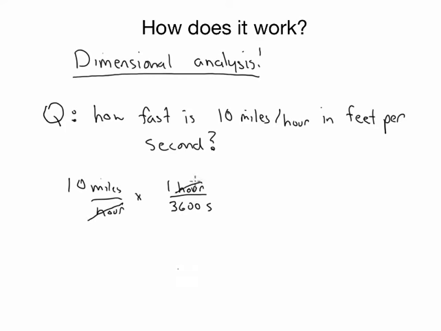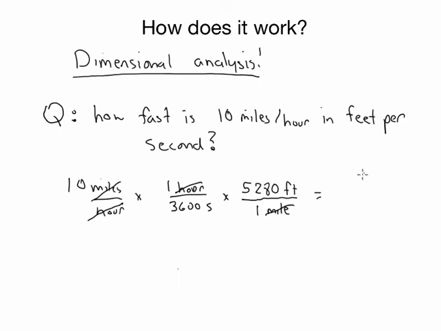So now we have 10 miles per 3,600 seconds. And we want to find out how many feet that is. So then we multiply that by 5,280 feet per 1 mile. And then the miles in the numerator and the denominator cancel.